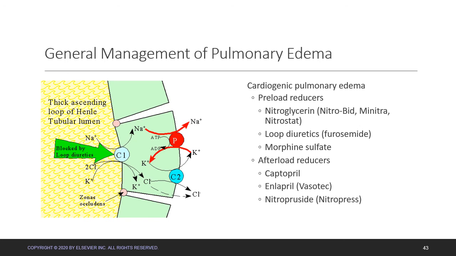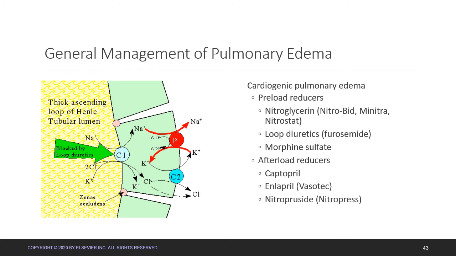Cardiogenic pulmonary edema preload reducers include nitroglycerin in the form of Nitro-Bid, Minitran, or Nitrostat, loop diuretics like Lasix, morphine to reduce pain, afterload reducers such as Vasotec or nitroprusside.